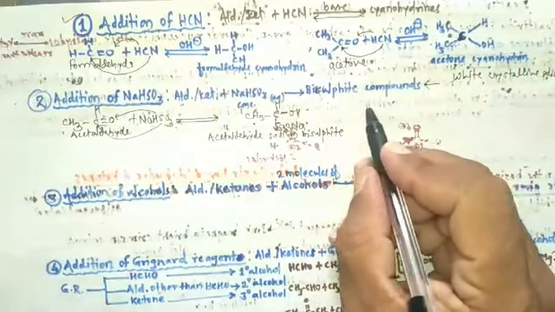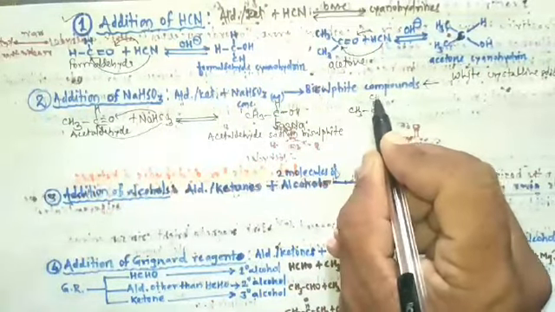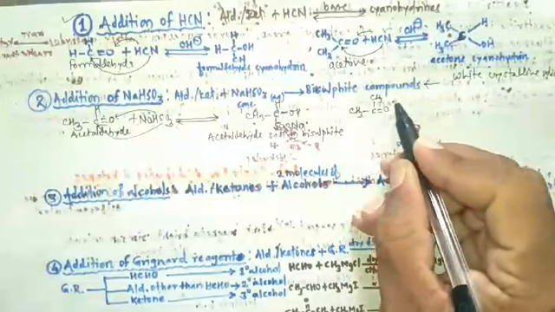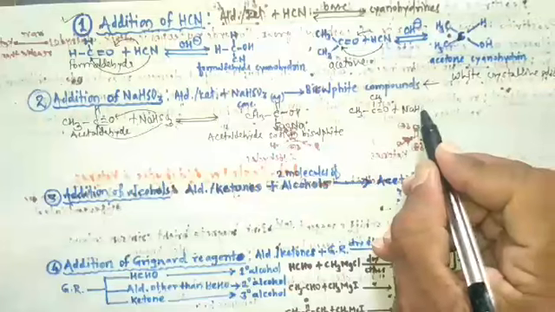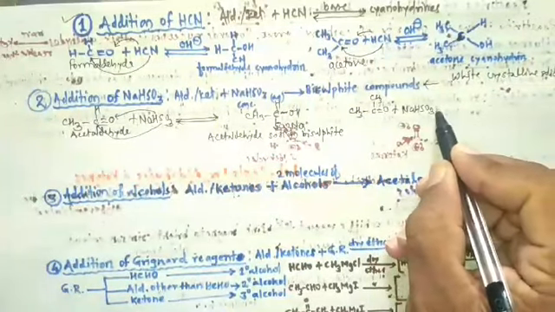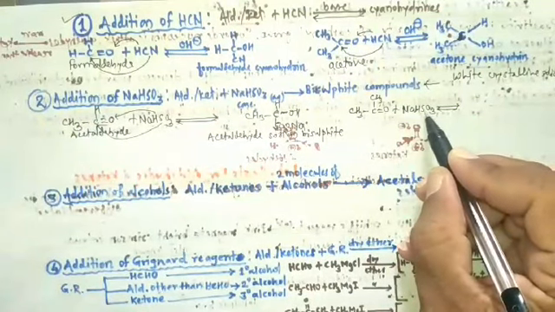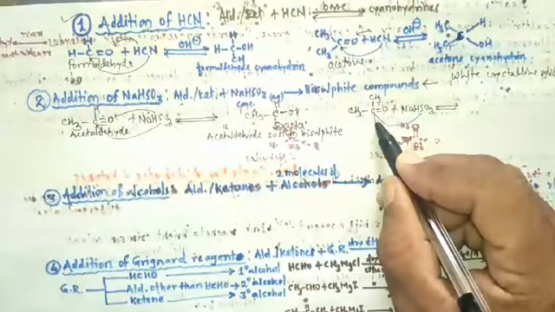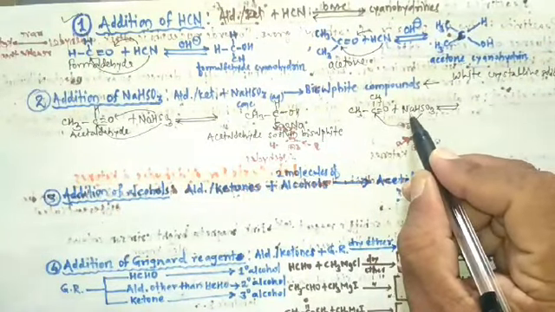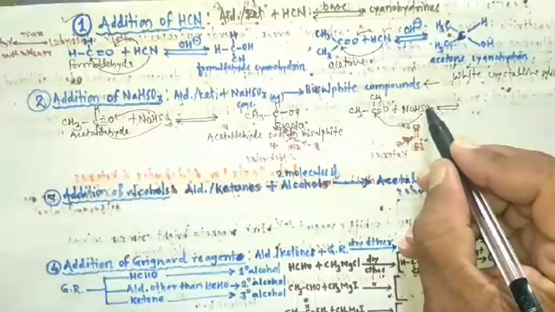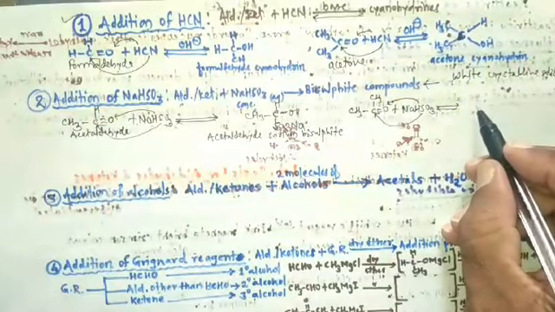Then take one other example. When acetone, that is CH3 CO CH3, is reacted with sodium bisulfite, NaHSO3, again the reaction is reversible. SO3Na attacks the positively charged carbonyl carbon, because SO3Na is a negatively charged species, and the proton is accepted by the negatively charged oxygen.